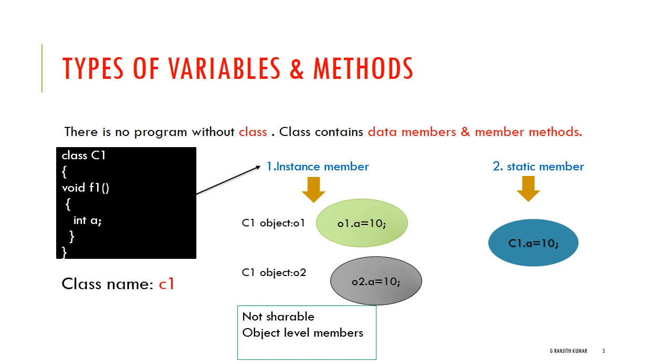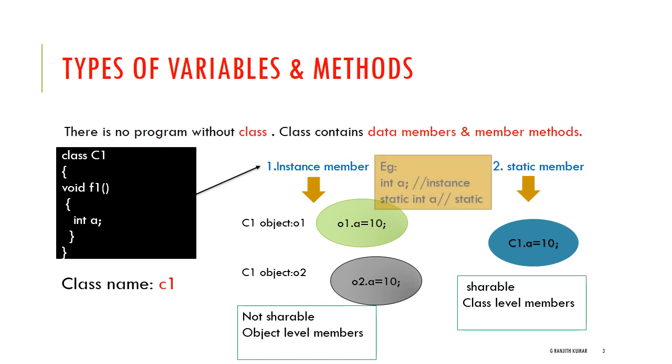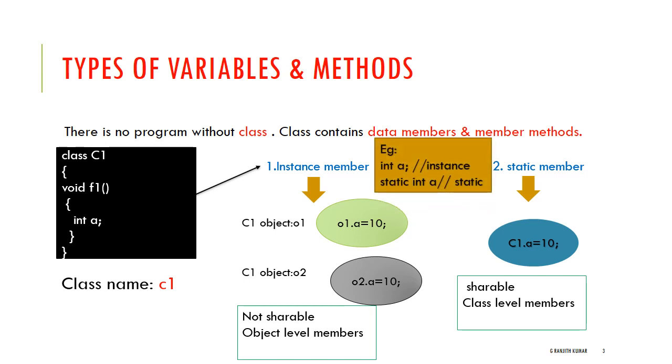We can access it any number of times, but for every access we share that single memory location among multiple accesses. That's why static members are called shareable. And since static members are accessed using the class name, we call them class level members.